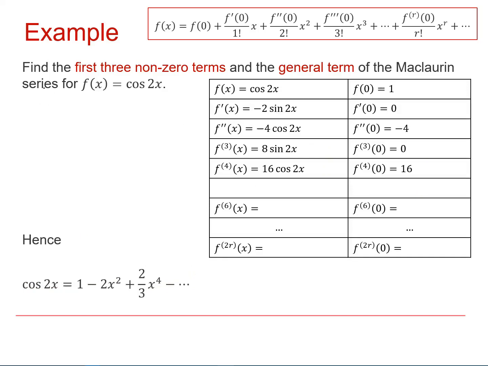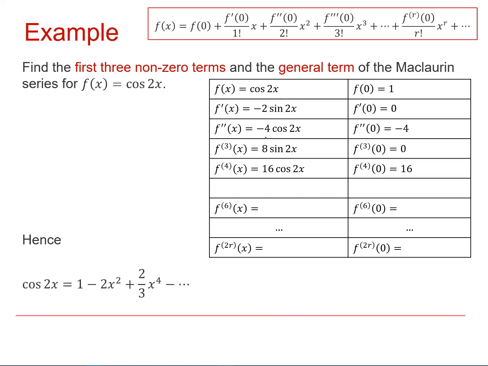Now we've also been asked to find the general term of the Maclaurin series, and so here we're going to extend the table on a little bit and see what happens. Well, we can see, I think, from this that every odd derivative we're going to get a sine 2x, which means we get 0, so we can ignore all the odd derivatives. And for the even derivatives, if you look at this, the even derivatives are going up by minus 4 every time.